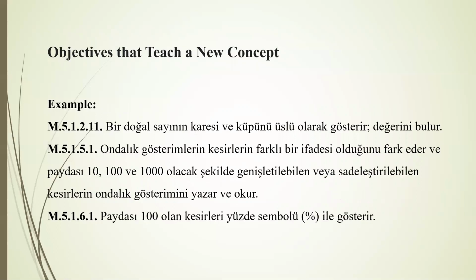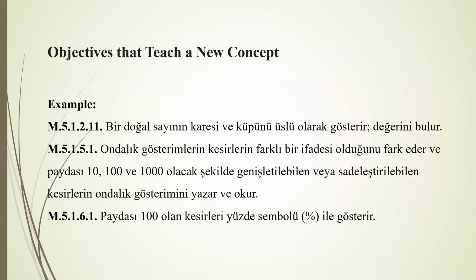The second one is objectives with new concepts. You can see some new concept objectives here. These give a base layer for the next year's objectives because these objectives are not related to the 4th grade objectives. Because of that, the comparison in this regard can only be made with the curriculum of the next year.